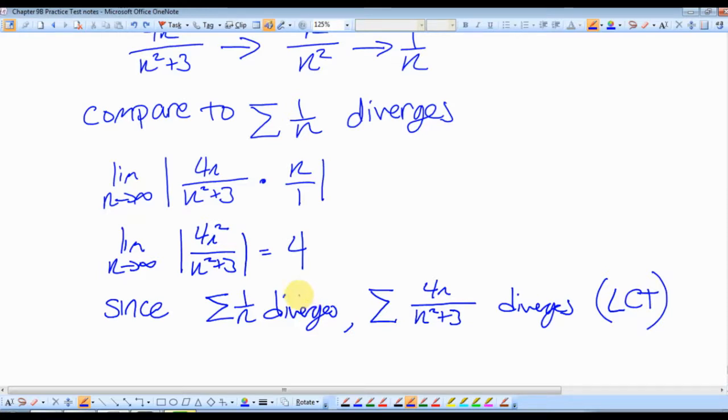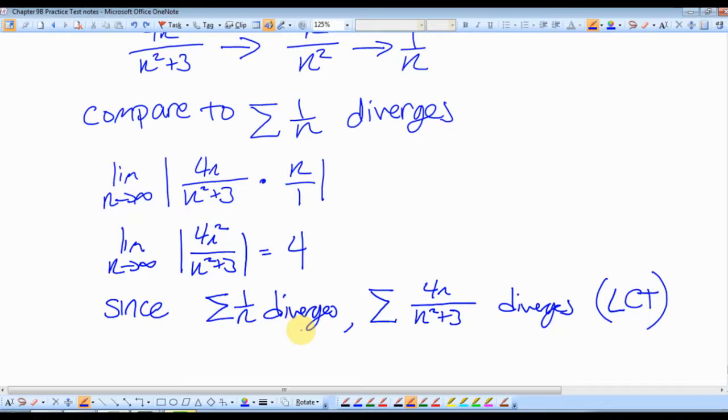But what if you were comparing it to a series that diverges, and your limit comparison test went to infinity? Okay, if you're comparing to a diverging series and you get infinity, then you've proven divergence for both series. If you're comparing to a diverging series and you get 0, then your test is inconclusive.